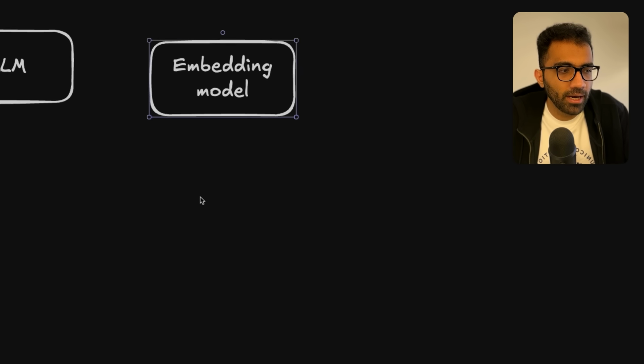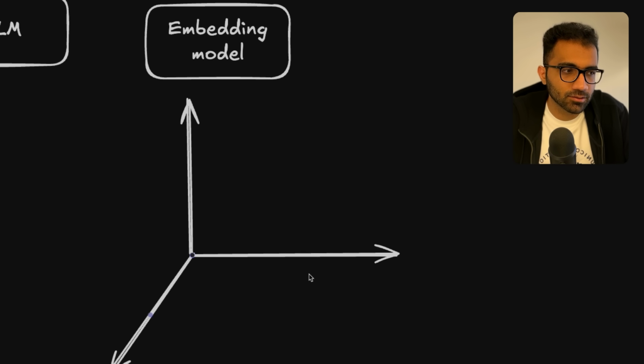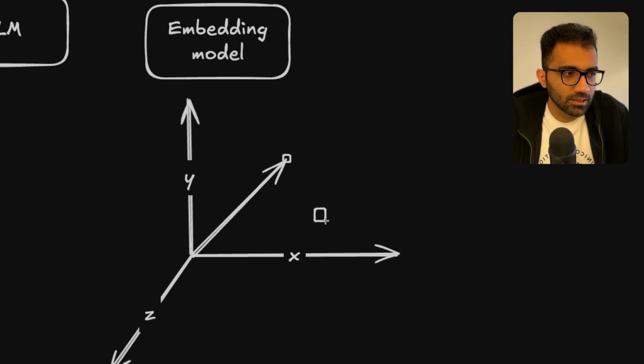Focusing on embedding models in this video, the best way to think of it is, let's say we create 3 axes over here. Let's say this is X, this is Y, and this is Z. Let's say you have some point in the 3D space and you create a vector to this specific point. And let's say you have a second point and you create a vector to it as well.